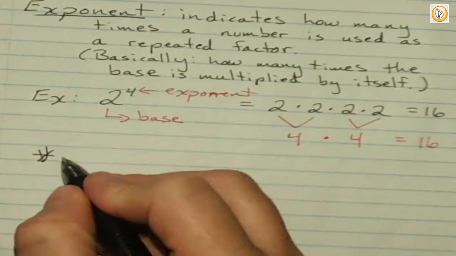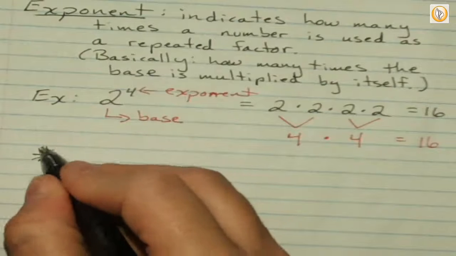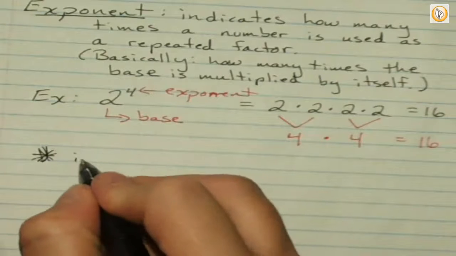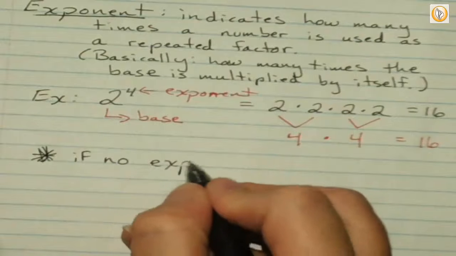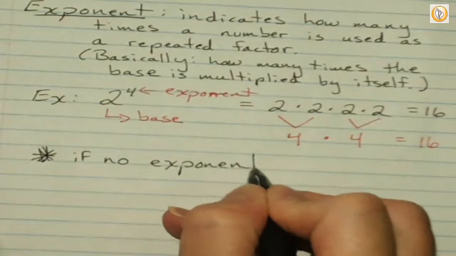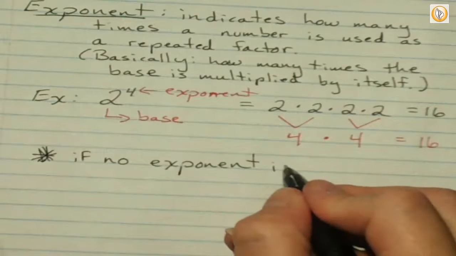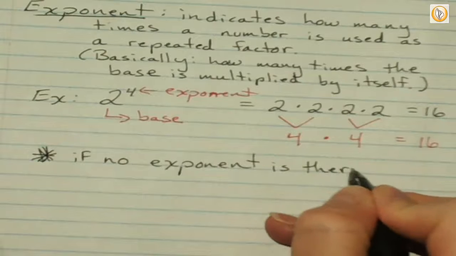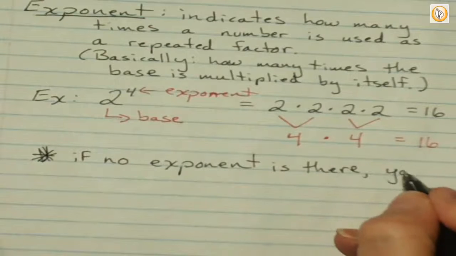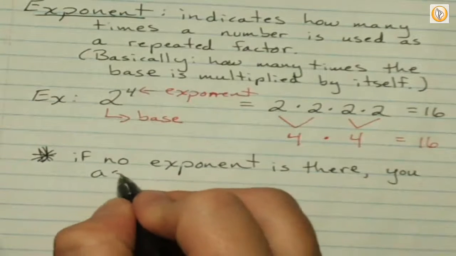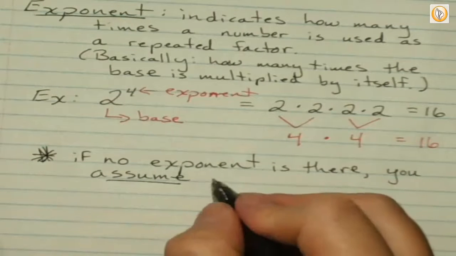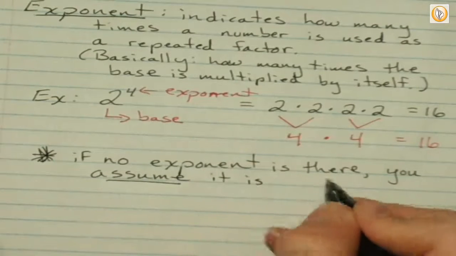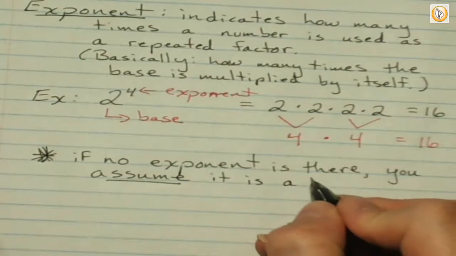Star. There's a star. If no exponent, this is important. If no exponent is there, you assume it is a 1.